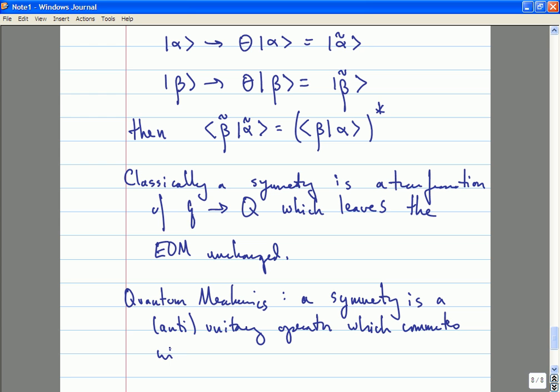Now, we've so far just discussed kinematics. I haven't told you about Hamiltonians yet, but you, of course, know what they are. And indeed, in quantum mechanics, it is the unitary operator which is the quantum mechanical equivalent of the canonical transformation that is the form of a symmetry in classical mechanics.